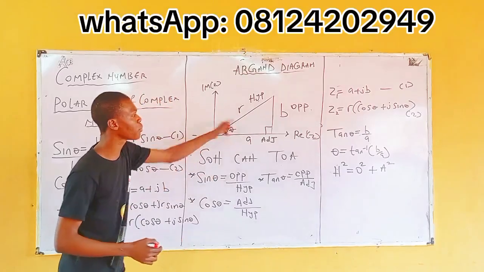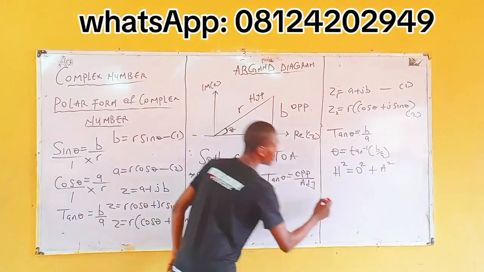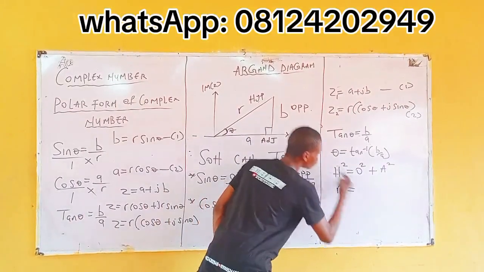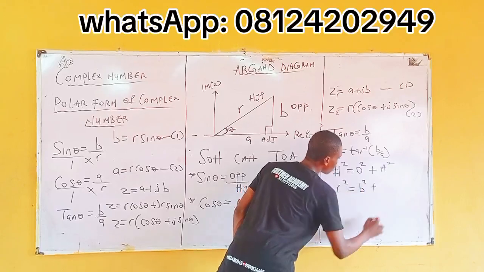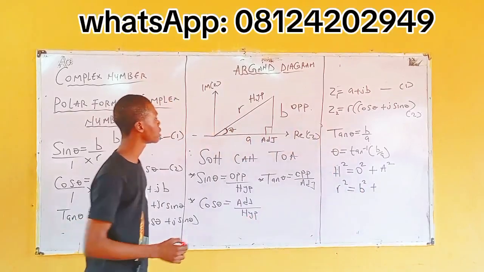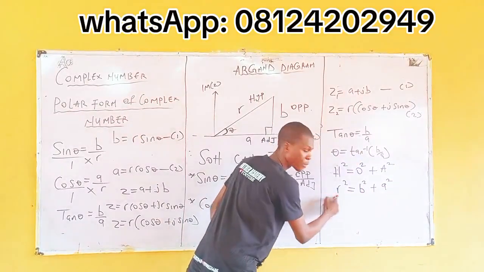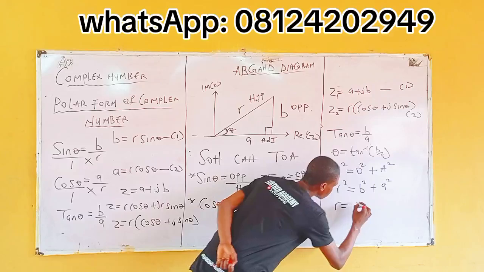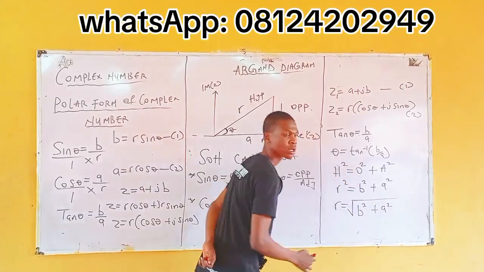What is your hypotenuse here? R. Meaning R square is equal to B square plus A square. Square root both sides, meaning R is equal to square root of B square plus A square.